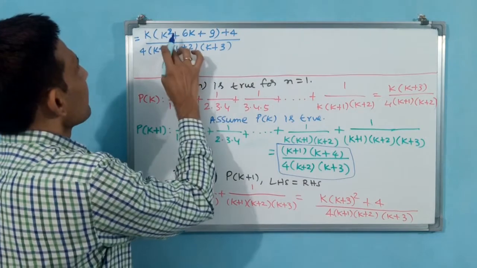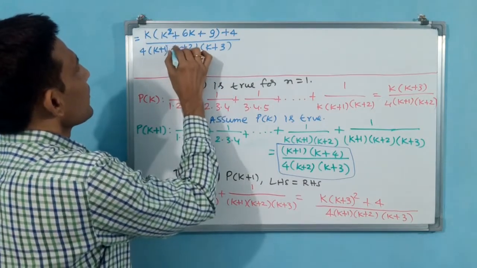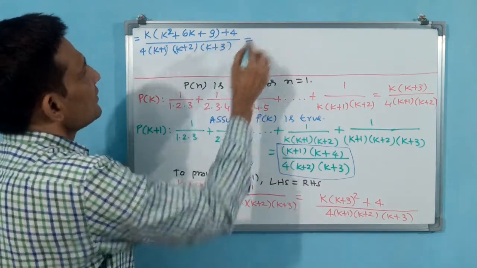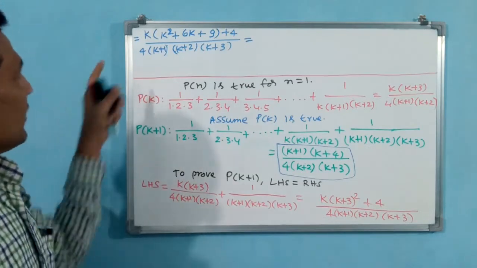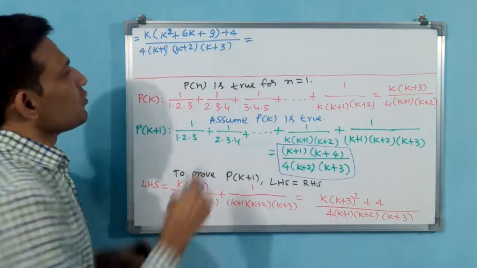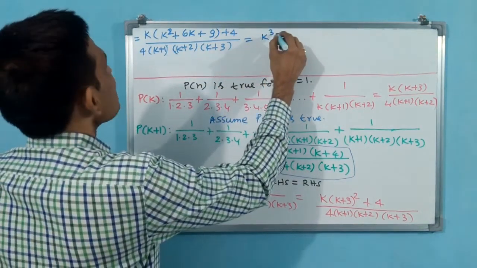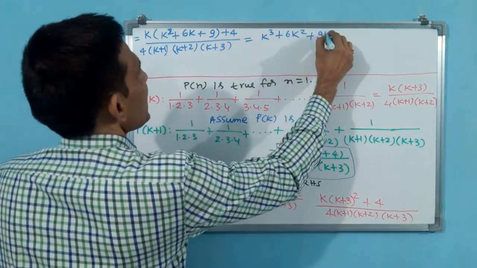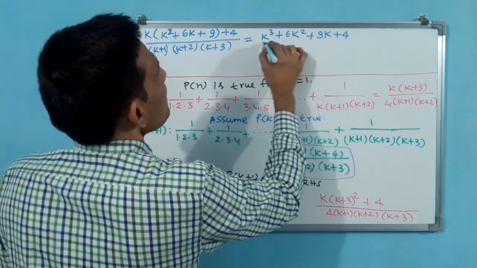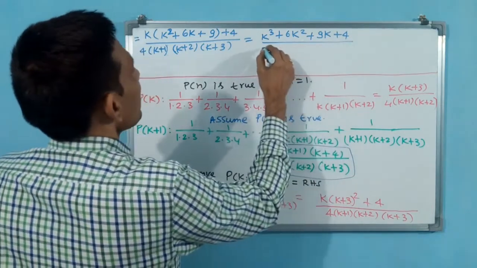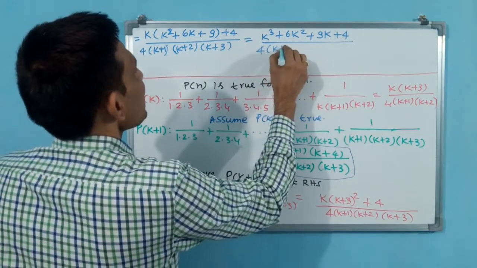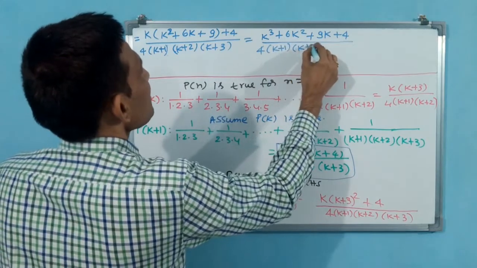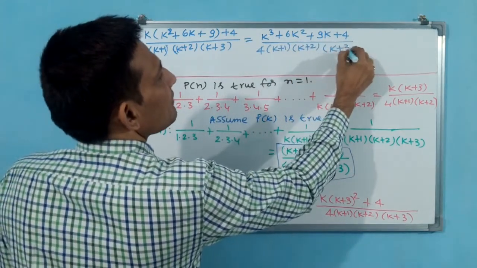Okay. That is equal to. Now you send k inside: k cube plus 6k square plus 9k plus 4, divided by 4 into k plus 1, k plus 2, k plus 3.